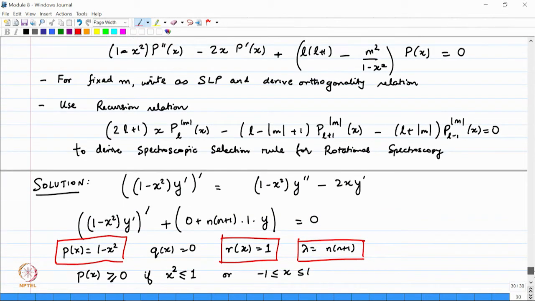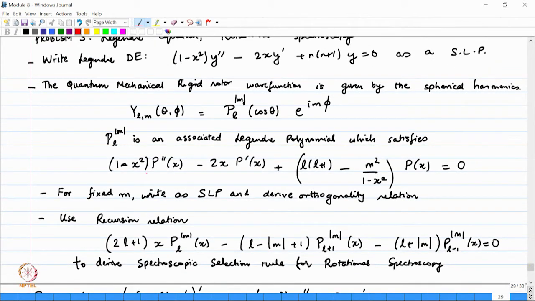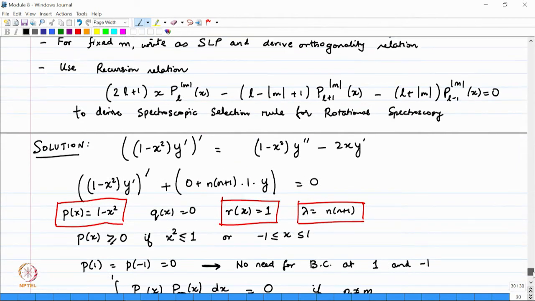Now, let us look at the next part. The next part is to take this equation for the associated Legendre polynomial. Now I can do exactly the same thing as I did before.